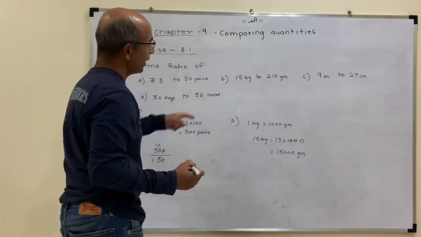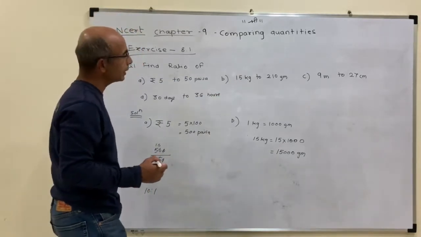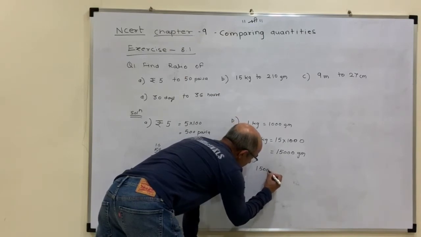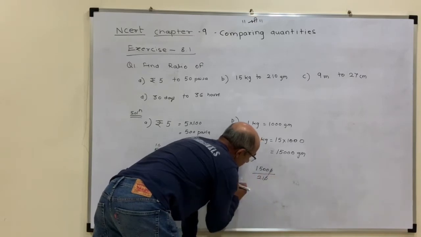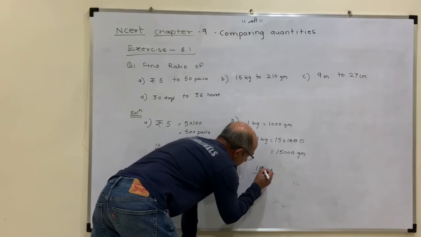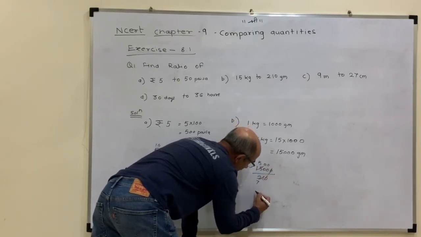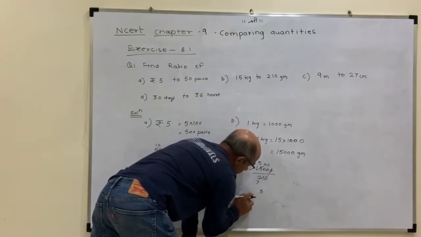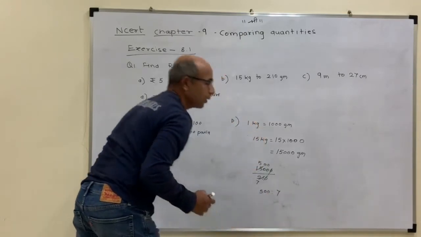Now I can find the ratio between 15,000 and 210 grams. So I write 15,000 divided by 210. 3 sevens are 21, 3 fives are 15. The ratio comes out to be 500 to 7.